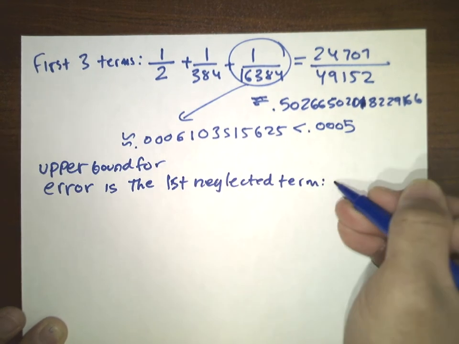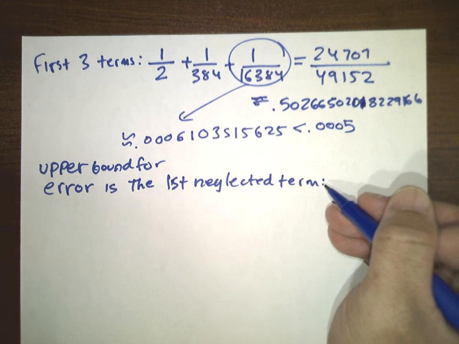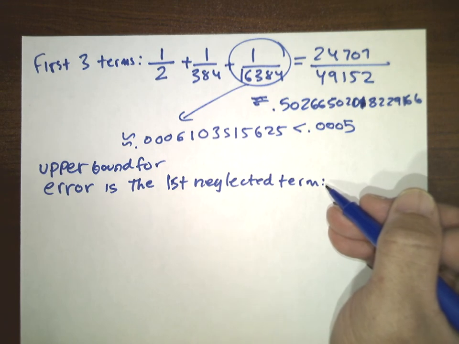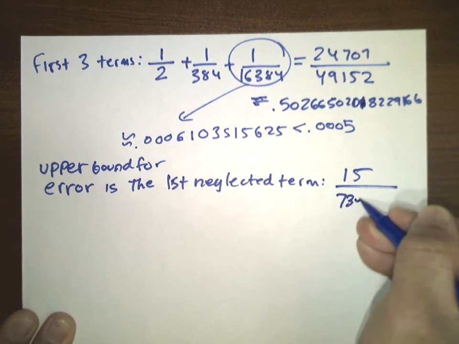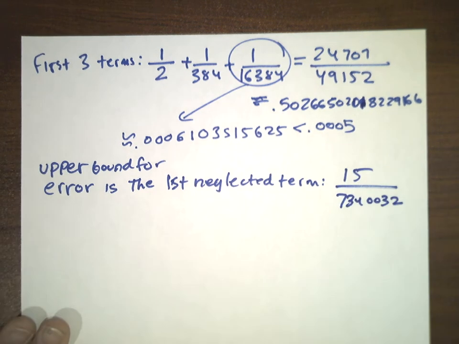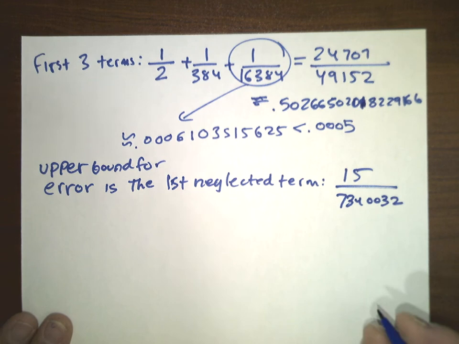So that will be the, oh boy, I just wrote it down here. That will be 15 over 7340032. And if you want to know what that is, do you really want to know what that is? I feel like some of you probably do want to know. All right, I'll tell you what that is.